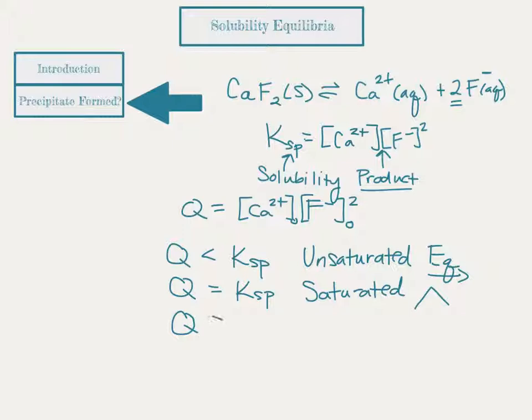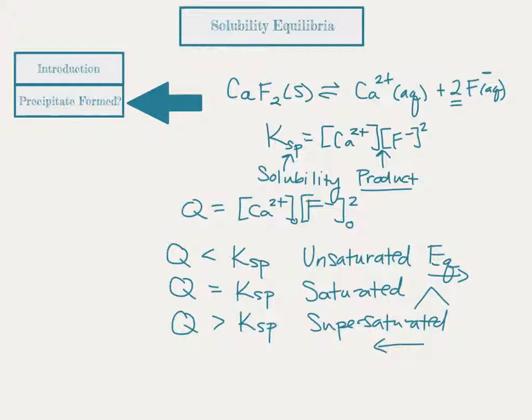If your Q is greater than the Ksp value, you have a supersaturated solution, or way over the max. In this case, your equilibrium will naturally shift left to compensate for being supersaturated.